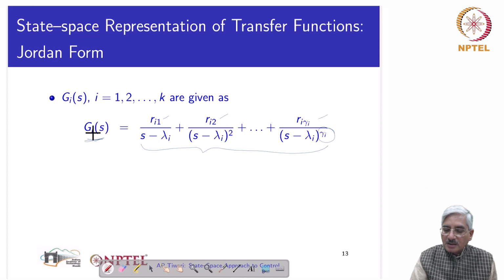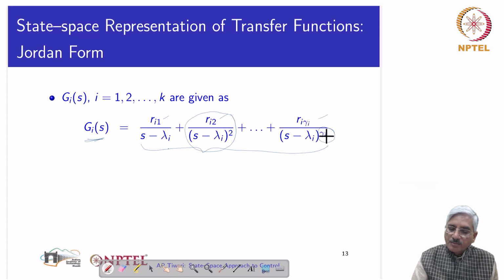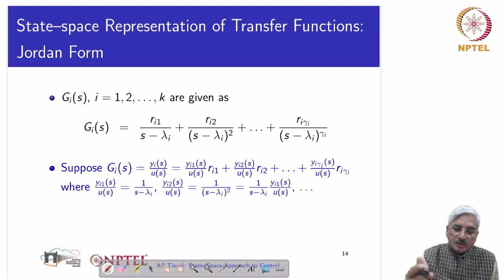The ith pole has a multiplicity of gamma i. So we have Ri1 divided by s minus lambda i, plus Ri2 divided by s minus lambda i squared, and so on, up to Ri gamma i, the last coefficient, divided by s minus lambda i to the power gamma i. This is one of those, and such will be the representation of all.